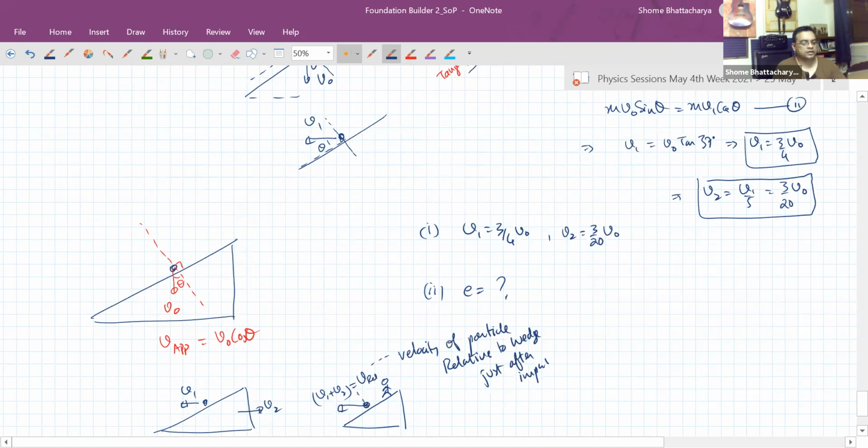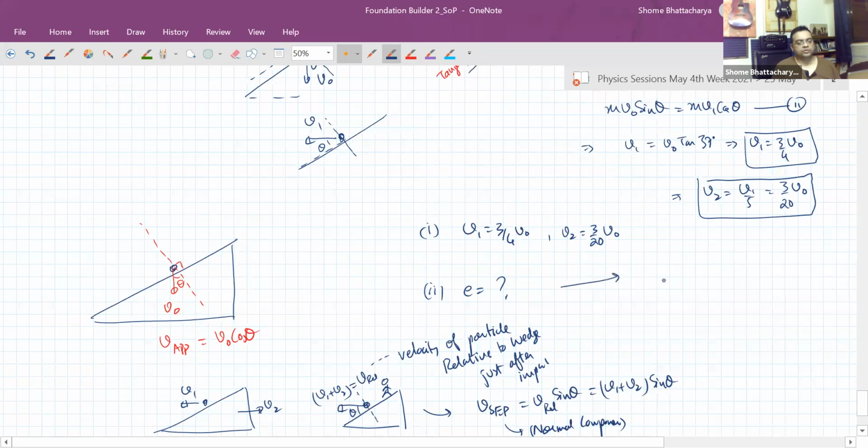Okay, and again with the normal, this angle is theta. So from this we can see that our separation velocity will be this relative velocity, which is horizontal, its normal component. Okay, this is the normal component. So this should become v1 plus v2 sine theta. Okay, so that's our separation velocity.